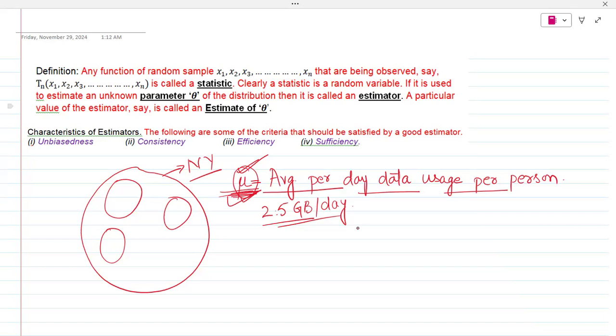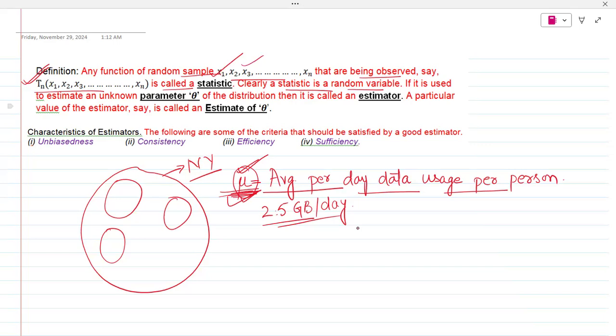So any function of random samples, that are being observed, meaning these are our sample observations, is called a statistic. This I have already discussed, that a statistic may also be defined as a function of sample observations. Now clearly, a statistic is a random variable, obviously, because these xi's can have any random value.